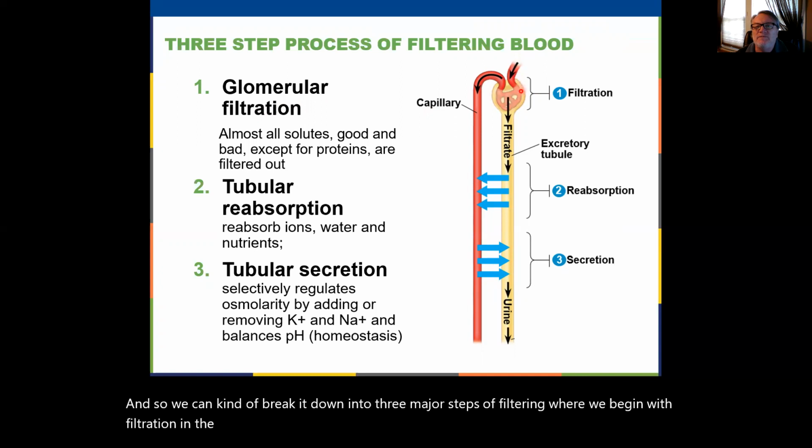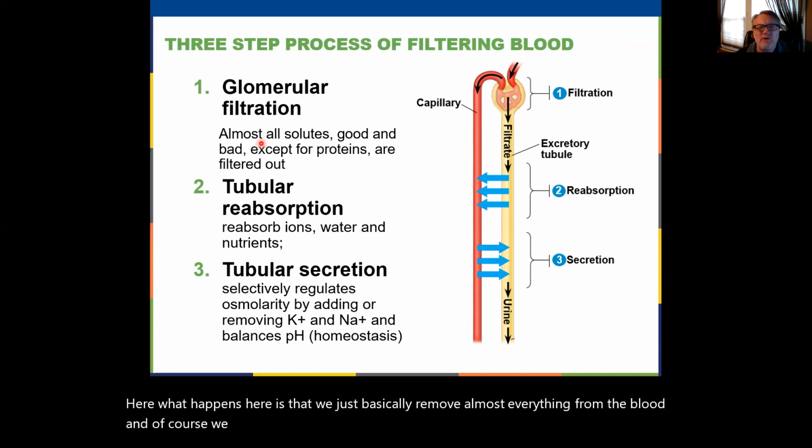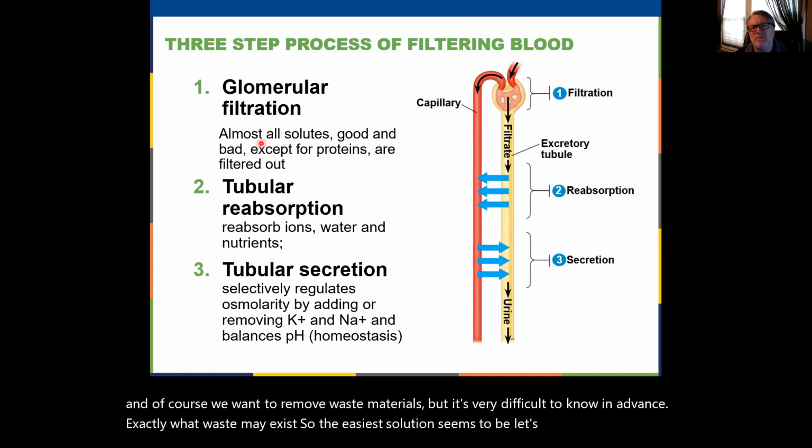So as the blood comes in and enters the glomerular capsule here, what happens is that we basically remove almost everything from the blood. And of course, we want to remove waste materials, but it's very difficult to know in advance exactly what waste may exist. So the easiest solution seems to be, let's just take out everything.